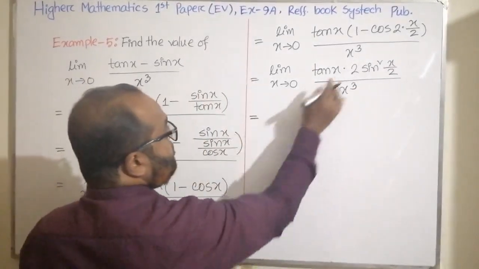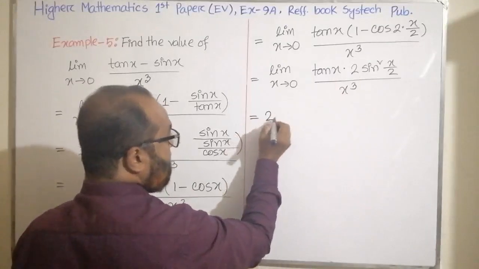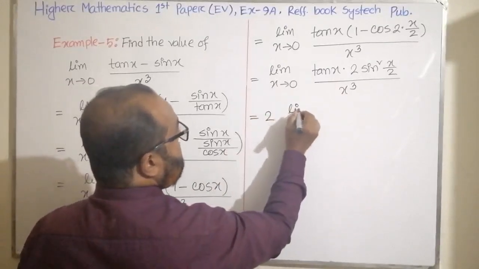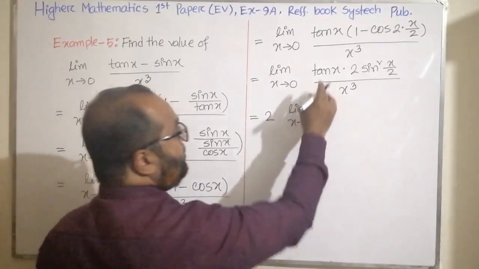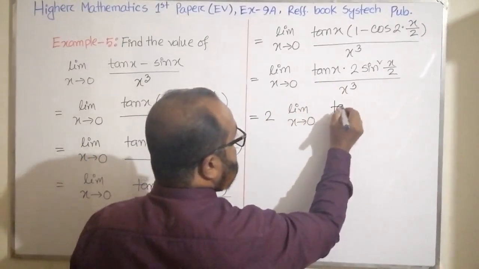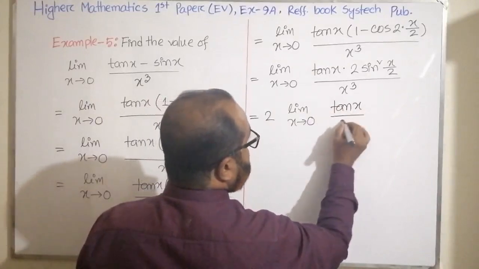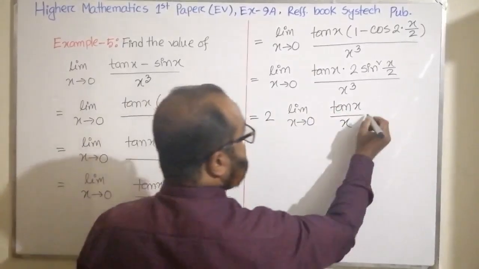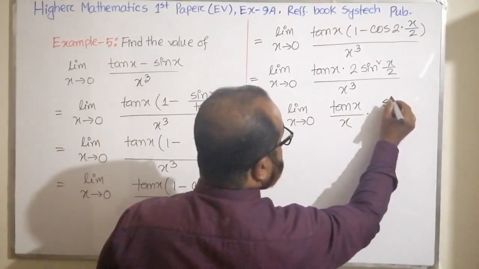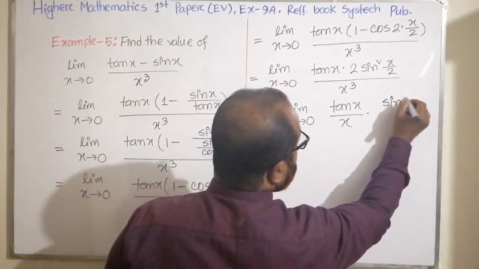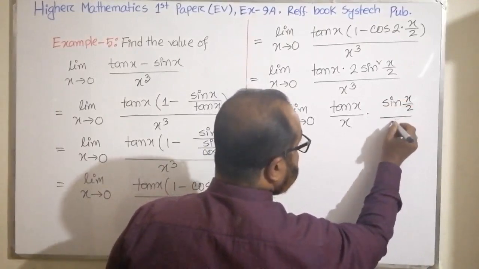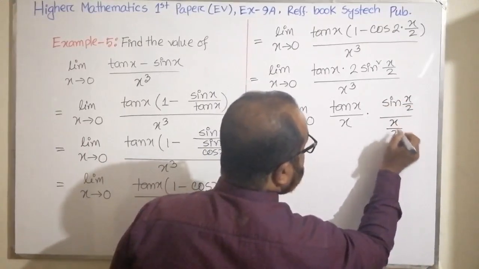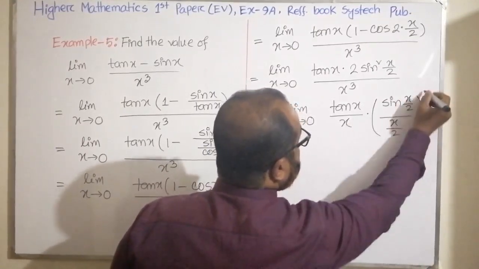Here 2 is a constant, this is out of the limit, limit x tends to 0. Now from this we can write tan x divided by x into sin x by 2 divided by x by 2 whole square.